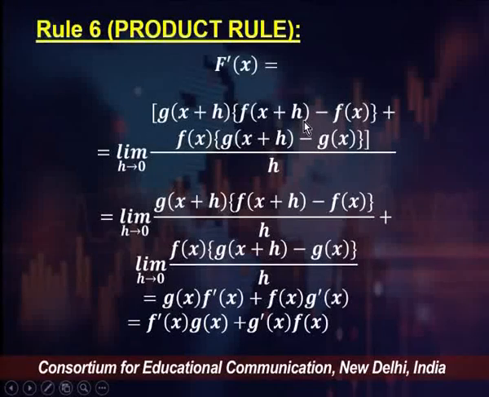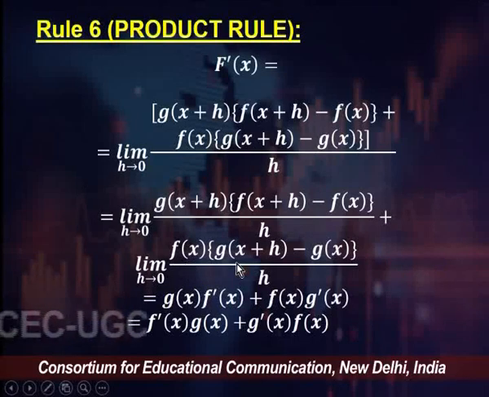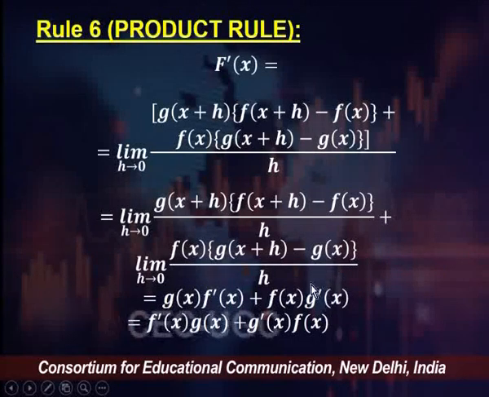This would then give me, if I just separate out the two terms, g of x plus h times f of x plus h minus f of x divided by h, applying the limit to both of these parts in the fraction separately. So the limit as h tends to 0 of this expression plus the limit as h tends to 0 of this expression, f of x times g of x plus h minus g of x divided by h.